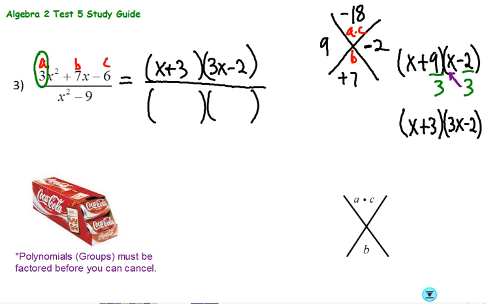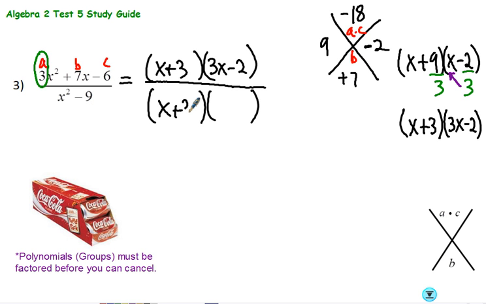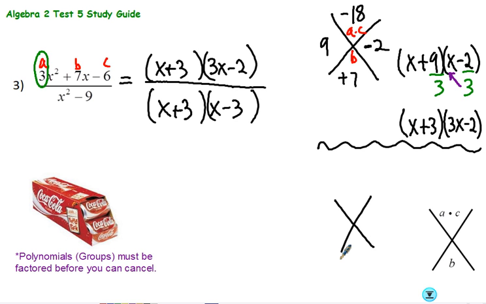All right, then for the bottom, hopefully you recognize that as a difference of squares, and you know the pattern on that one. It's the square root of that number. One is a plus, one is a minus. So you'd get x plus 3 and x minus 3. If you weren't sure, however, if you felt like you needed to do the big X on that one, you know, your negative 9 on top, 0 on the bottom.